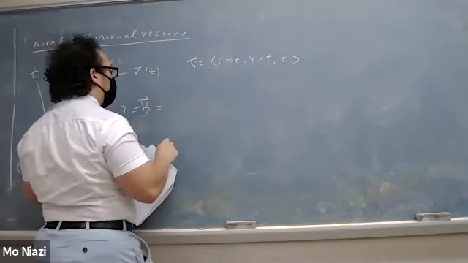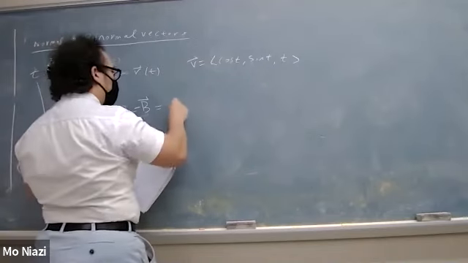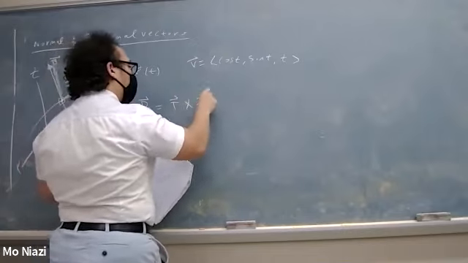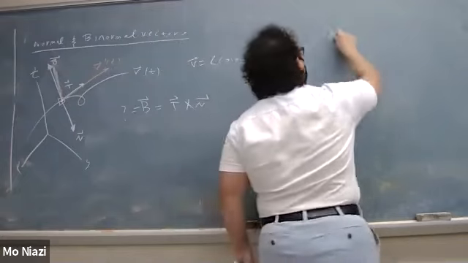Recall, B is equal to T cross N. You've got to have the order correct, right? Because cross products don't commute, they anti-commute.